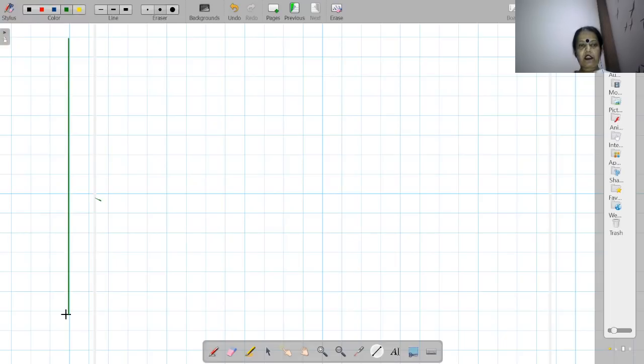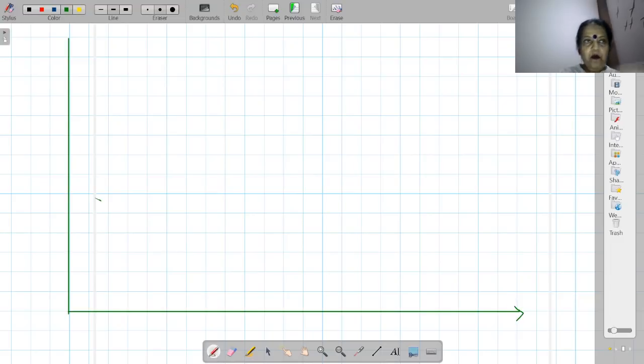This y-axis, and then draw x-axis. Okay. So in this we will take the question now, plotting the value. So this is x-axis and this is y-axis, point of intersection as 0. Now you have to name it, don't forget to name it, at equal gap you have to name it like this.